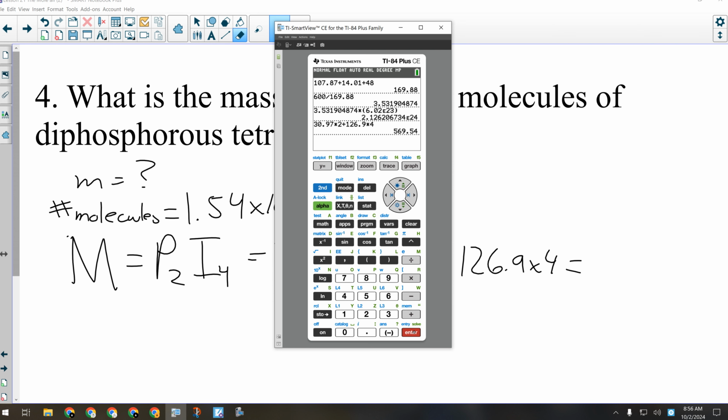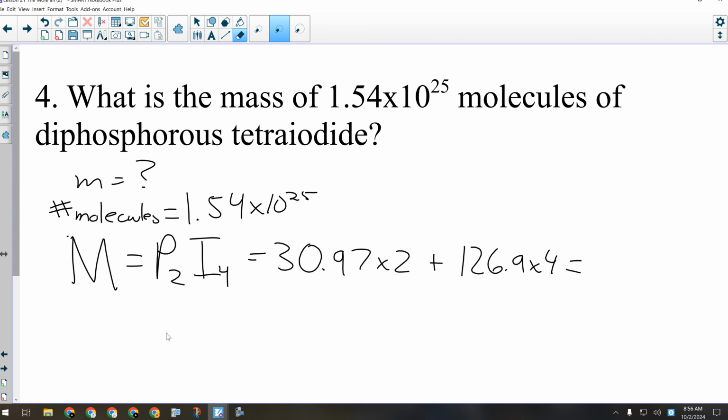So that stuff has a molar mass of 569.54 grams per mole.